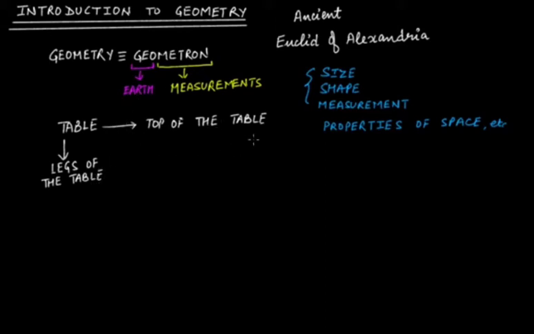Now when you cover the top of the table that you are going to design and construct, first you will choose a material: whether it's iron, some other metal, a wooden table, or plastic.